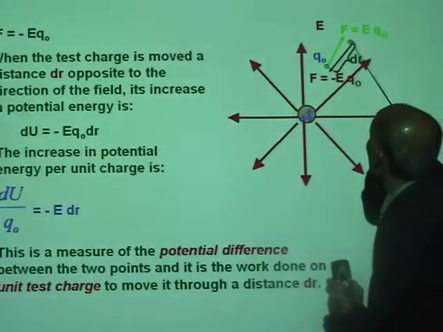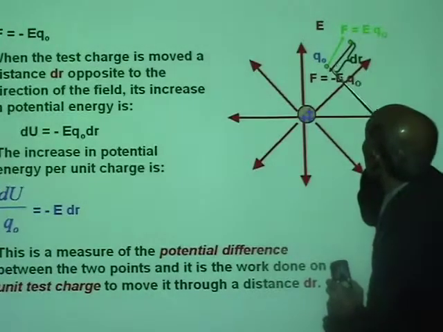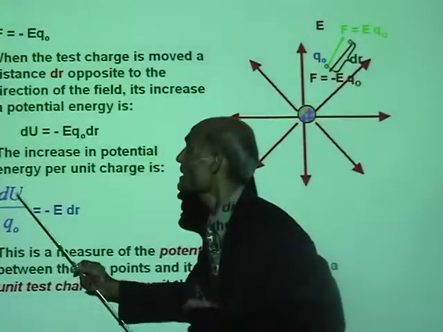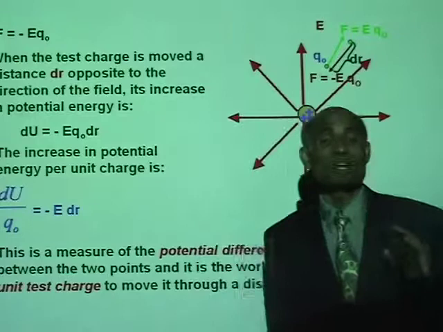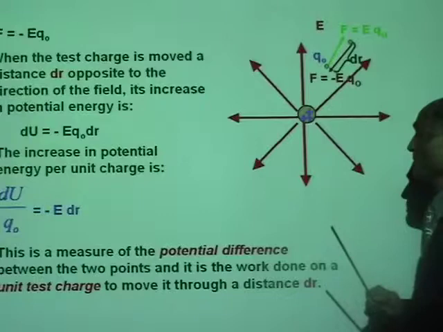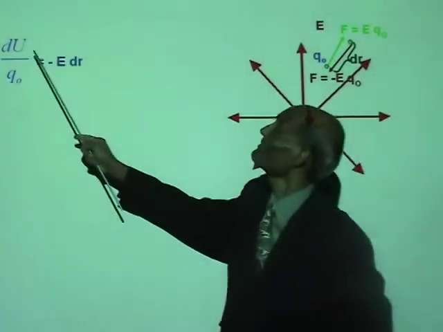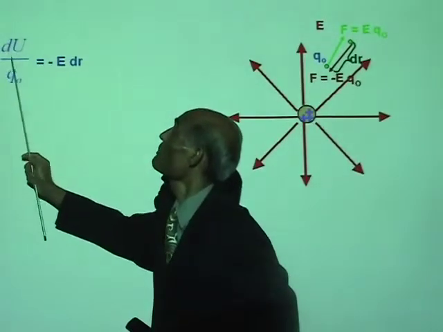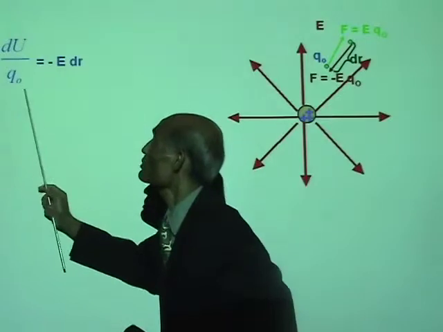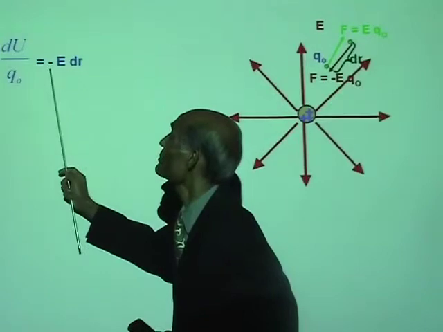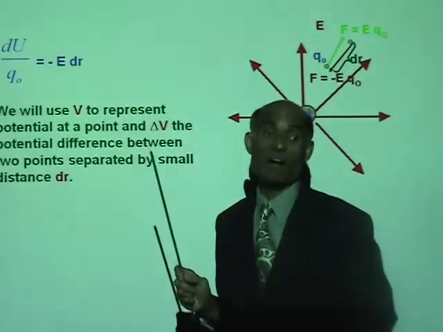So, if this is position A and this is position B, the work done to move it from position A to position B per unit charge is a measure of the potential difference between the 2 points. Alright? So we say, this is something we already know. Potential difference, the work done per unit charge, this is a measure of the potential difference. So we will say potential difference equal to negative E dr.